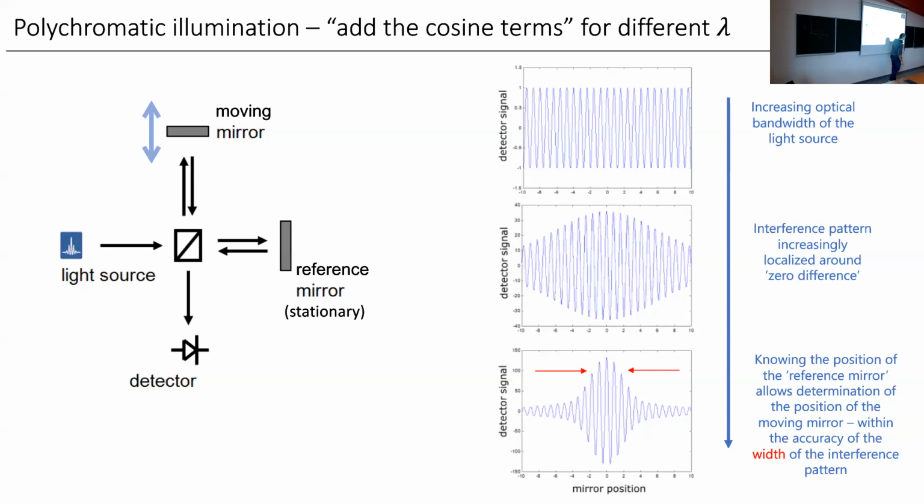Of course, you can make that statement only within the accuracy of the width of this spectrum. In other words, that will determine the resolution with which I can determine the location of a certain reflection. We'll see that later on.